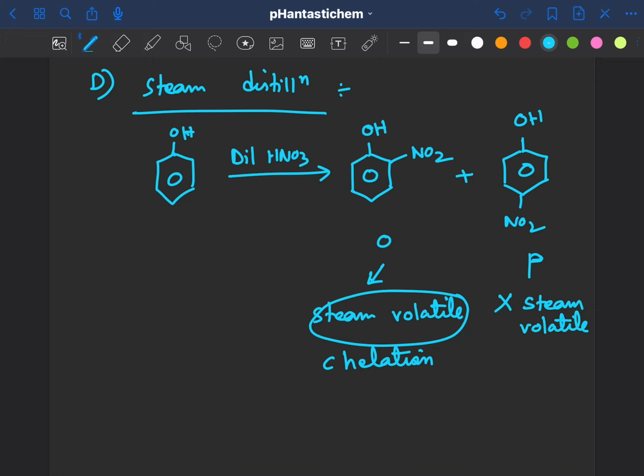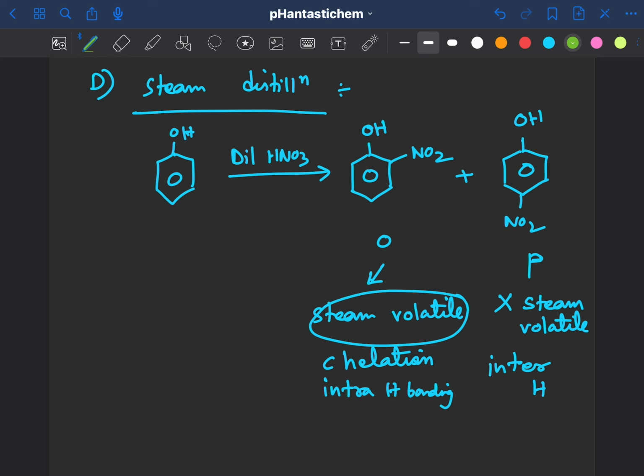That is because it undergoes association due to the formation of strong intermolecular hydrogen bonding. It shows intermolecular hydrogen bonding. Ortho shows intramolecular hydrogen bonding. The meaning of steam volatile is, steam volatile substances are those substances which can be converted into gaseous state just by passing steam through it.